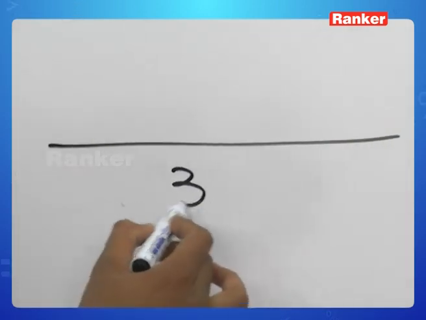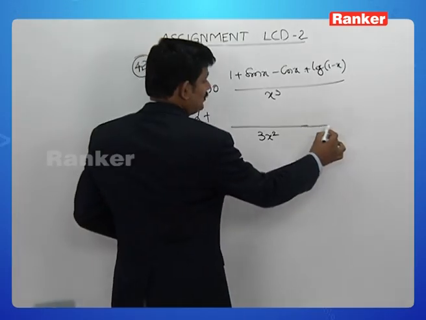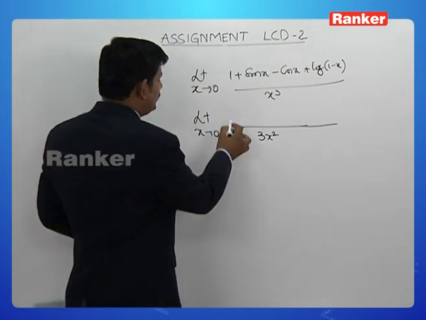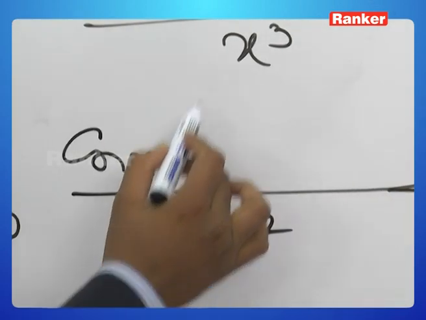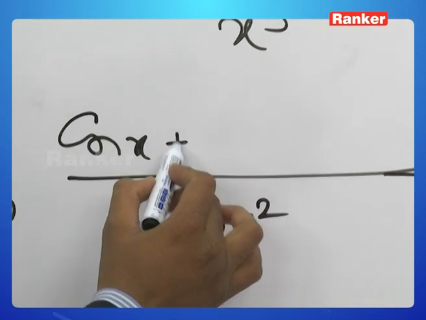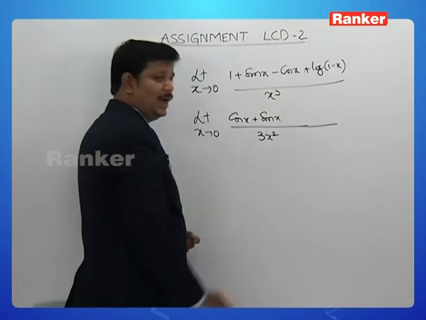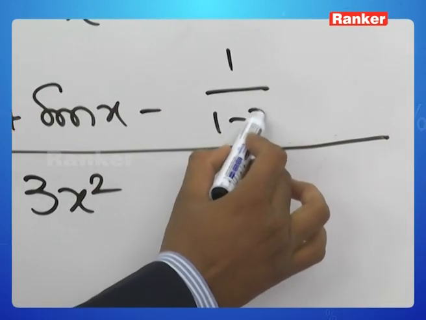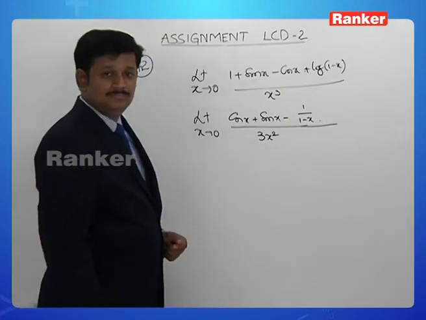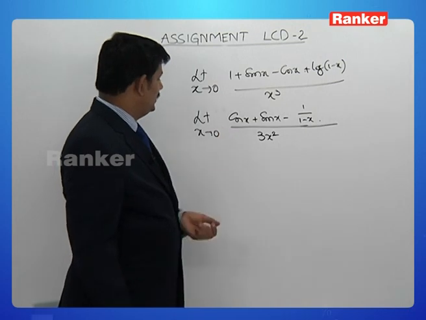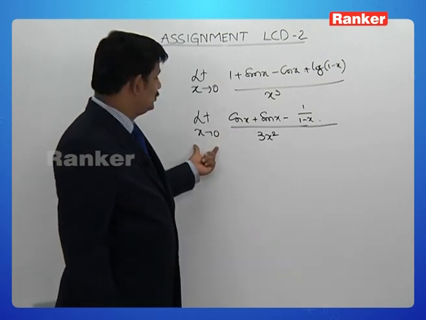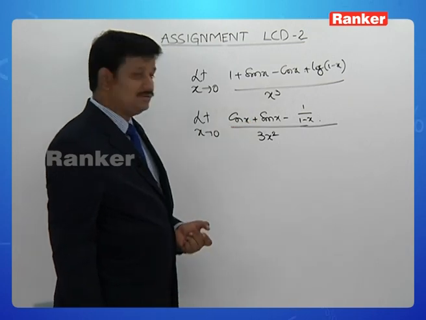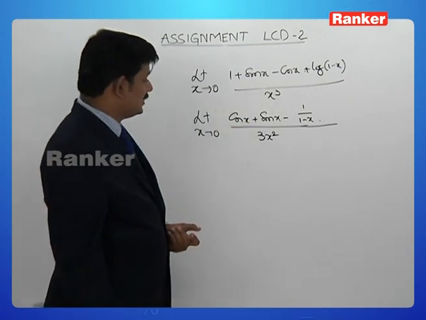So, let us differentiate: denominator 3x square; numerator, derivative of 1 is 0, derivative of sin x is cos x, derivative of minus cos x is sin x, and derivative of log of 1 minus x is minus 1 by 1 minus x.